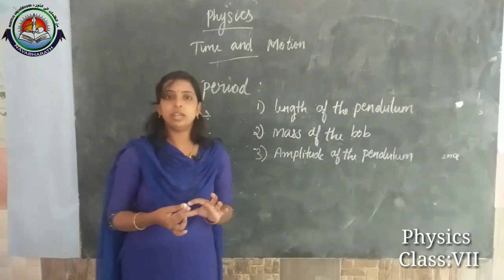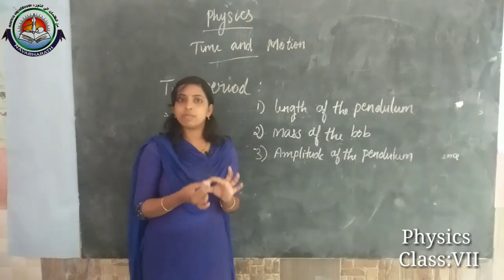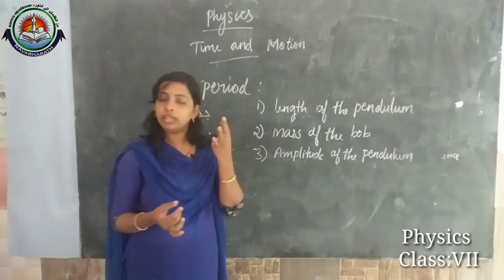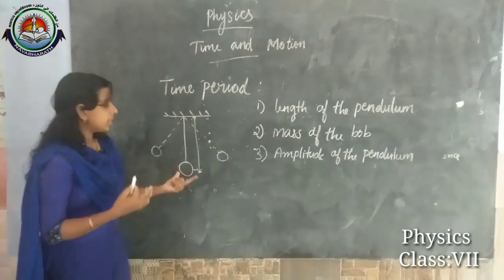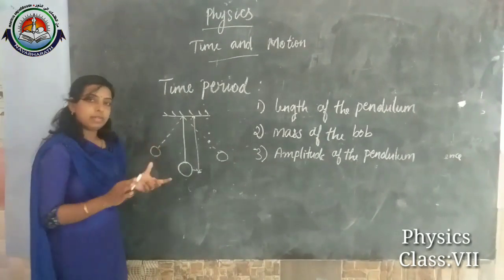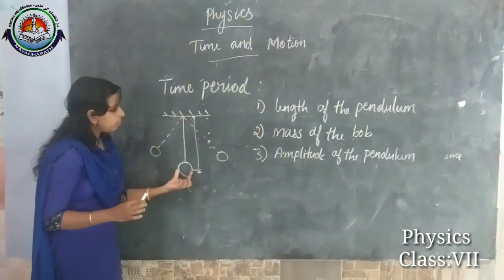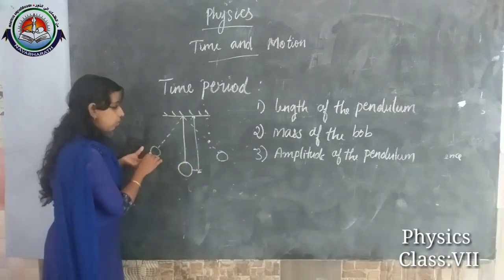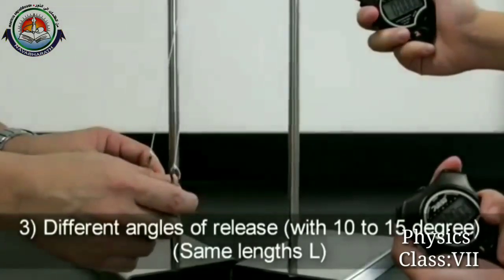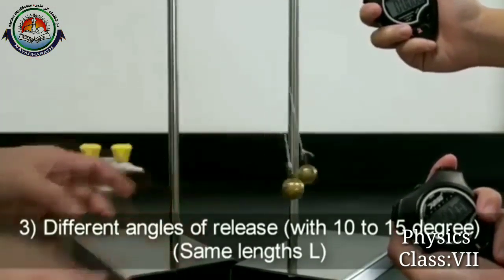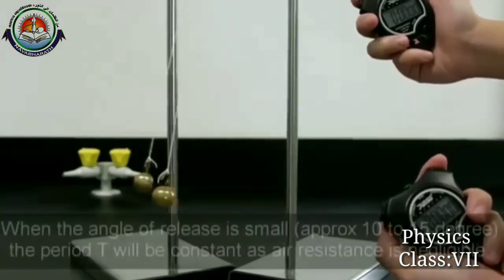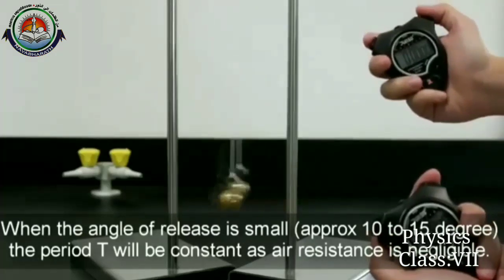Amplitude is the maximum displacement of the bob from either side. That means if we take one of the bobs from this side to start oscillating and the other one from another position. So here you can see that for finding this third factor, amplitude, how it affects the time period.